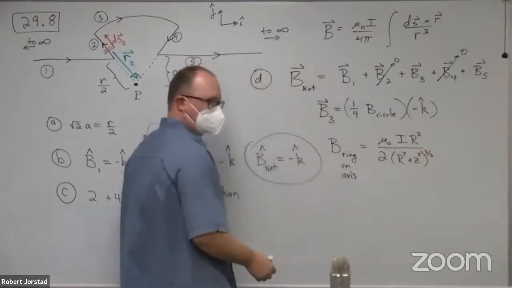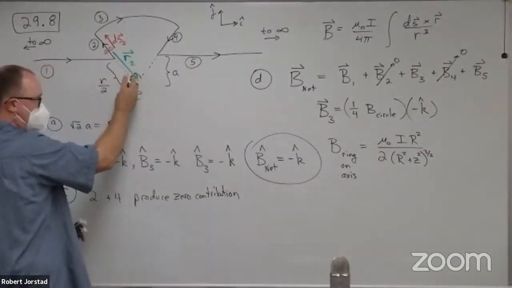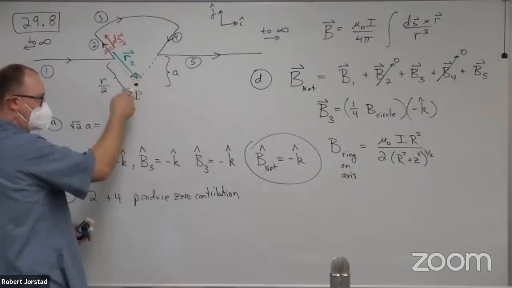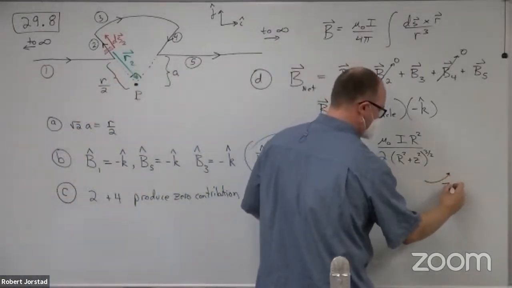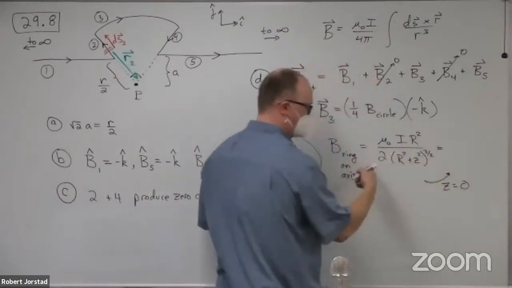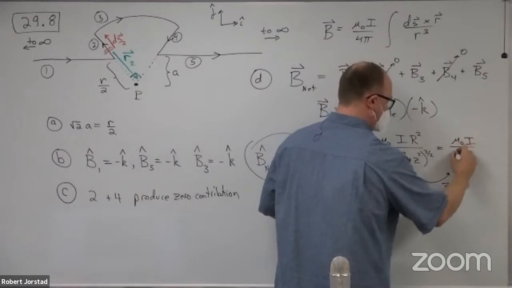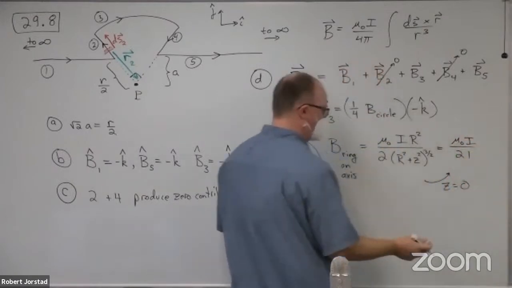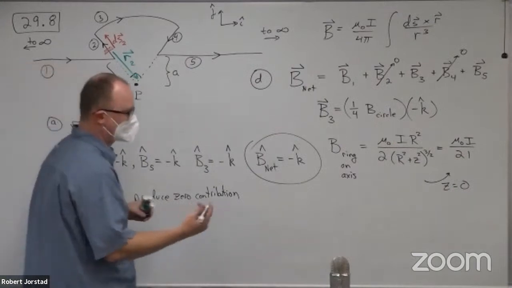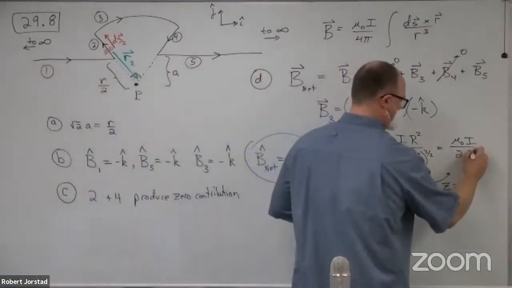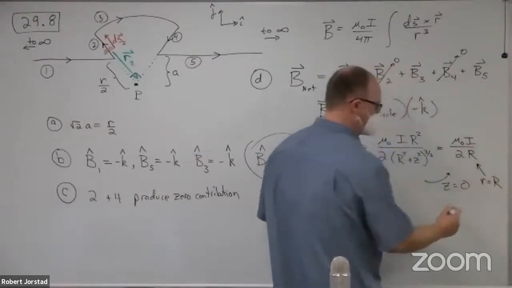That was for a ring on axis. Well, if we're at the center here, what's our z value in this problem? 0. So remember, if z equals 0, what result do we get? Exactly what he just said, mu naught I over 2 times the radius. Now wait, in this problem, is our radius little r? Yes. So notice here, little r is equal to big R in this particular problem.